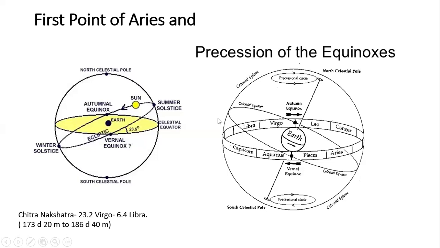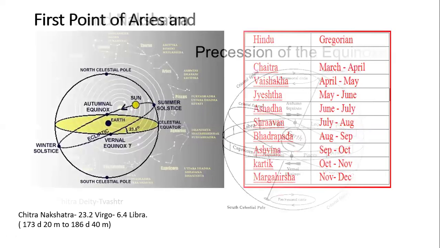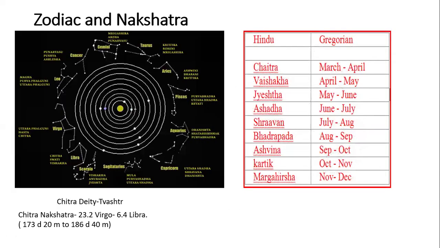Even in the Nirayana system, see, this is one more example which will be helpful for everyone to understand. This is the Chitra Nakshatra. It falls within Virgo and Libra.